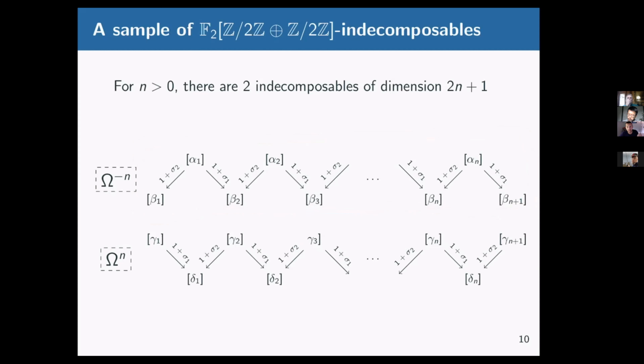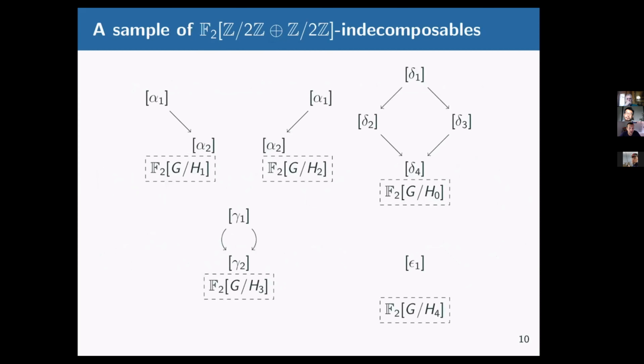So again, right from the get-go here, you can see that in the case that we're thinking about, if you were to pick up a random module over this particular group ring, and you thought about what kind of isomorphism classes of indecomposable modules could appear, well, there are an infinite number of things that could arise at this point, right? There are lots of different things that could show up. These omegas give us a class of ones that are odd dimensional. There are some other ones that are finite dimensional and very nice. So these correspond to various quotients of the group.